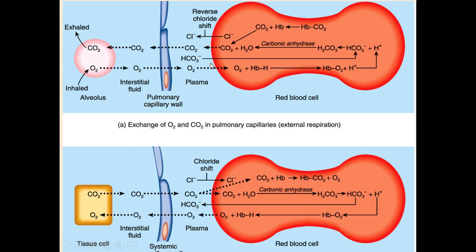Now after the deoxygenated blood reaches the lung capillaries, the partial pressure of carbon dioxide is low, pH is high, and partial pressure of oxygen is significantly elevated.